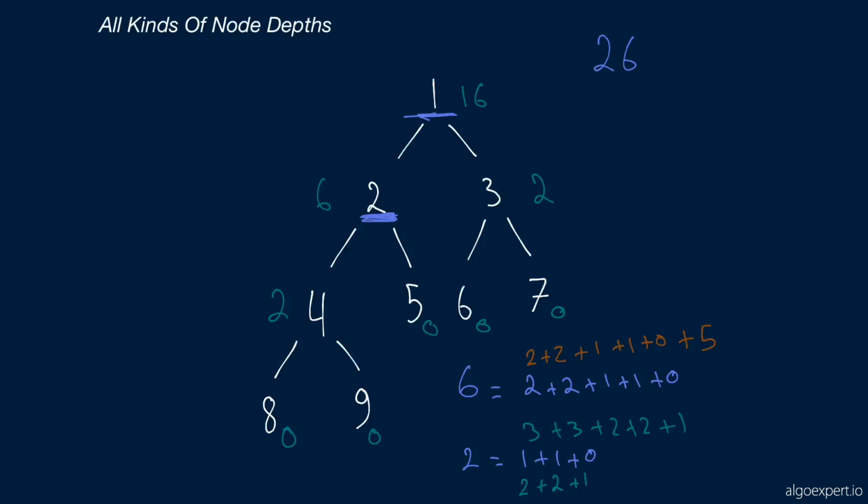Because basically what we're saying is there are 5 nodes in this subtree here. We know that the node depths of all these nodes in this subtree rooted at 2, if you add them up, they give you 6. We know that their depths should be 1 higher if we're looking at the tree that's 1 level higher than the tree rooted at 2.